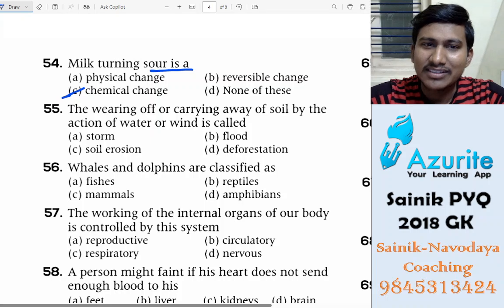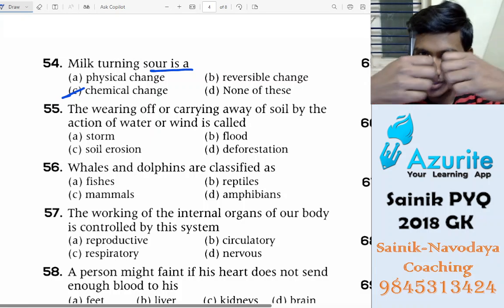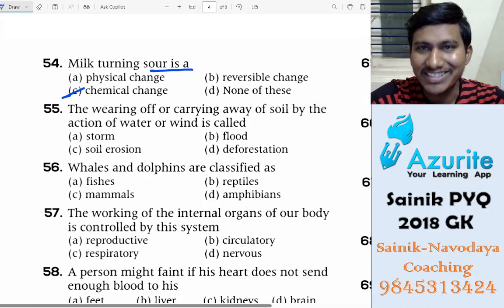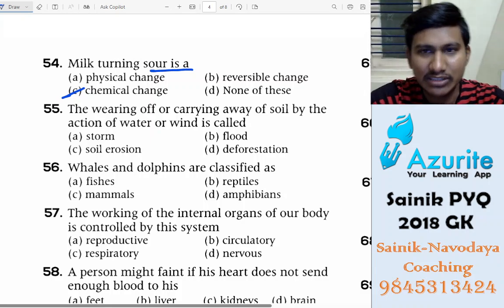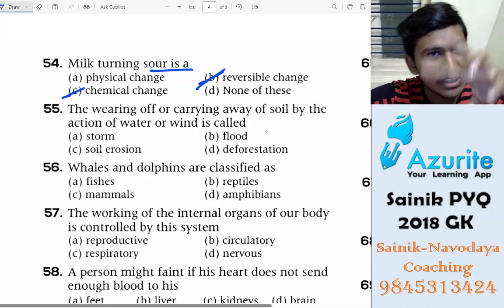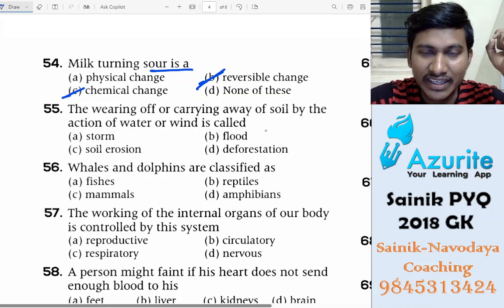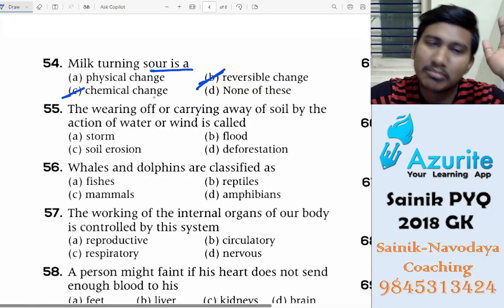Reversible change means that when you stretch an elastic band or rubber, it will come back to the original, right? That is a reversible change. In physical change, sometimes it may not come back also.